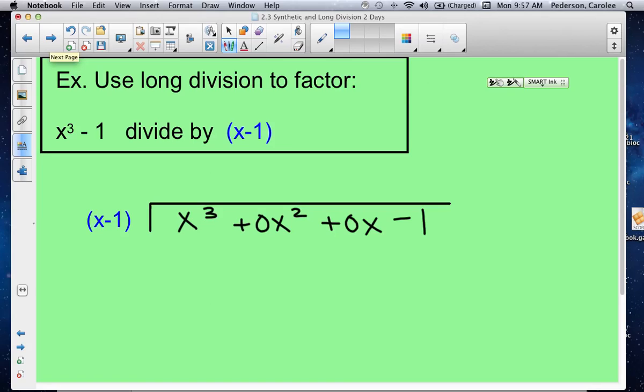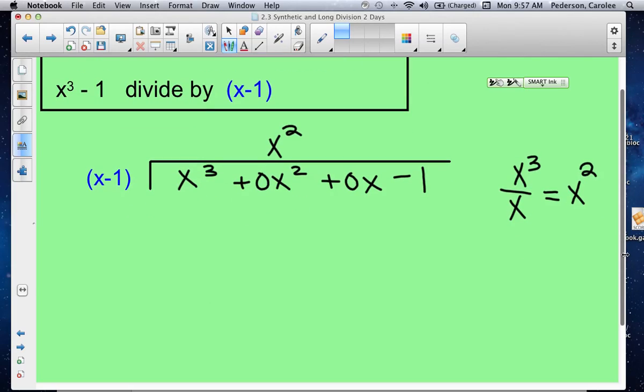Now we're going to go ahead and divide it. So we're going to take x cubed and divide it by x. What is x cubed divided by x? x squared. So now that's going to go above the x squared term. You do the next step. What did you do with the x squared?